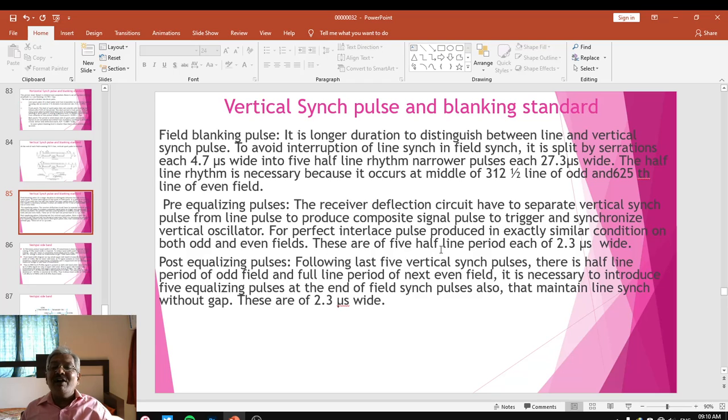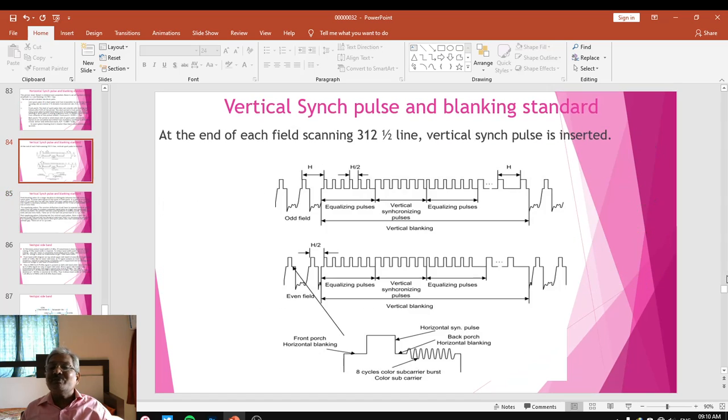These are of 5 half-line period, each 2.3 microseconds wide. Okay, 1, 2, 3, 4, 5 pulses are introduced. These are called pre-equalizing pulses, having 2.3 microseconds width.